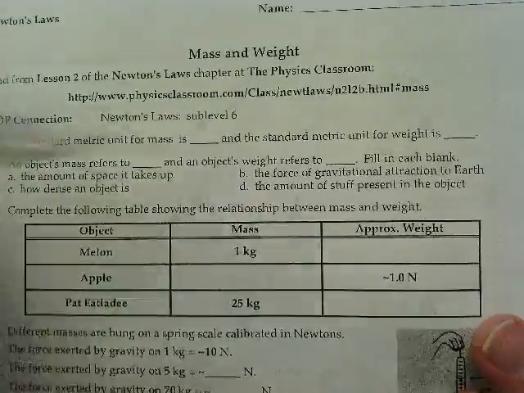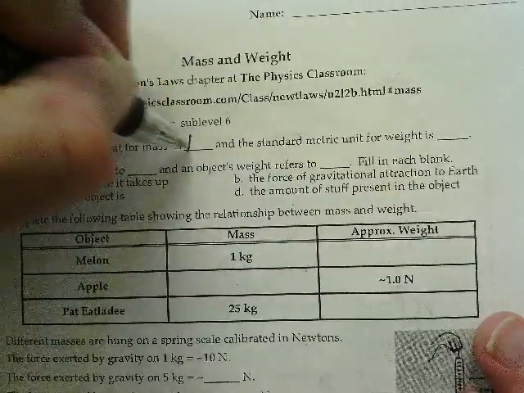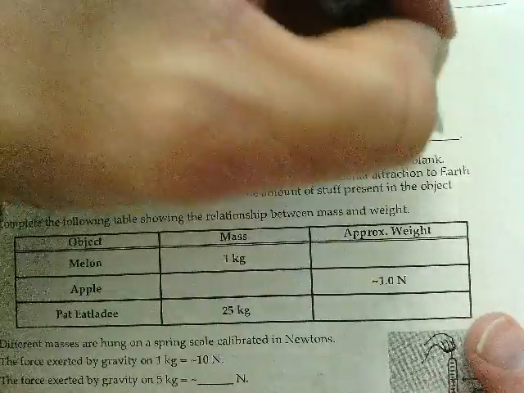Okay, that brings us to weights. All right, standard metric unit for mass is kilograms. Standard metric unit for weight is the newton.